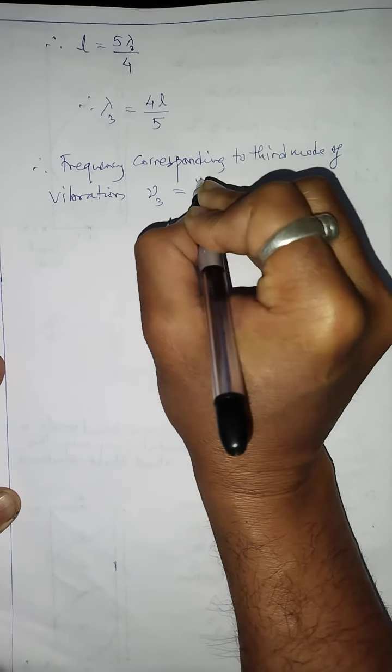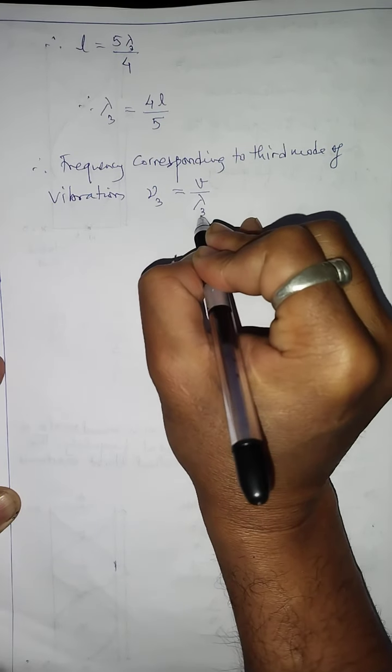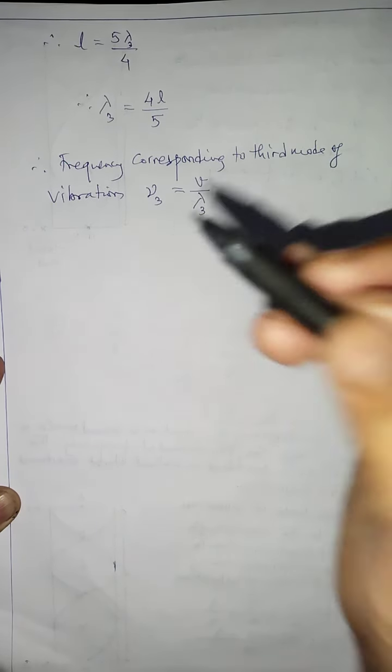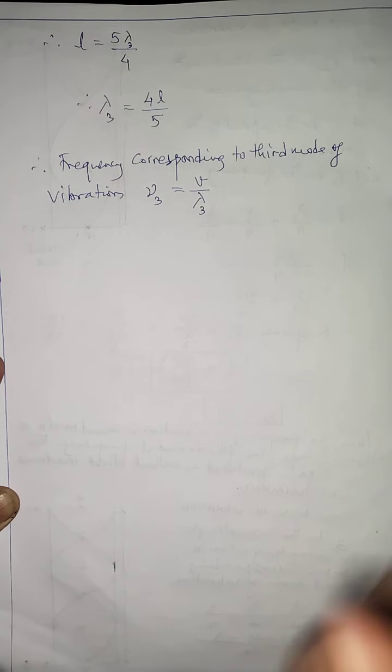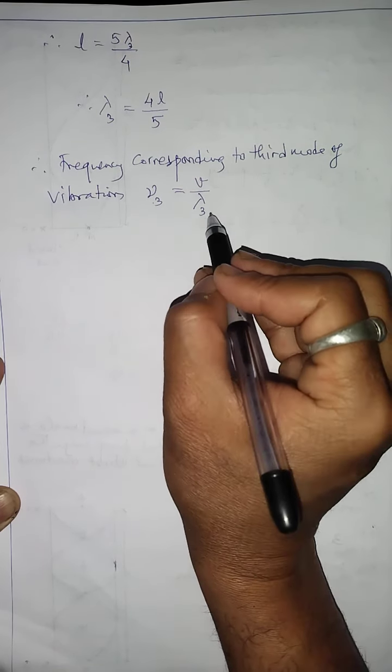This frequency equals the speed of the sound wave, that is v only, divided by the wavelength lambda 3. Speed is the same in any mode of vibration because the medium is not changing. So nu 3 equals v by lambda 3.